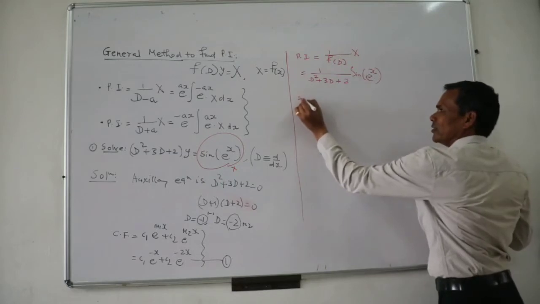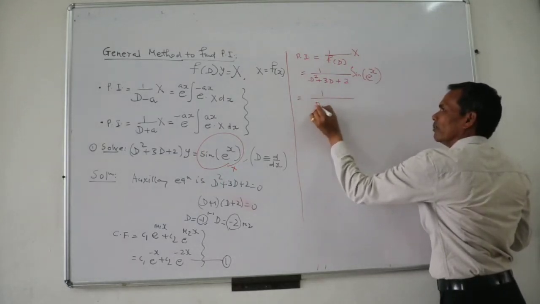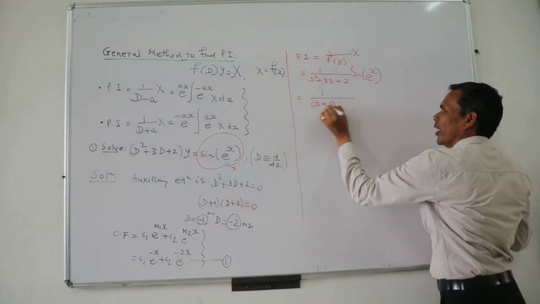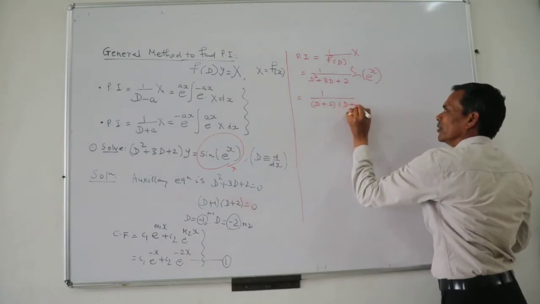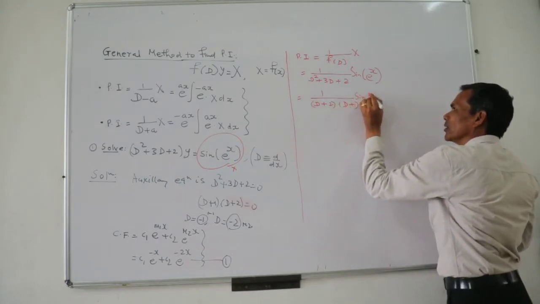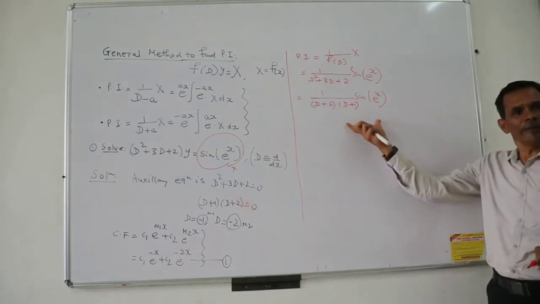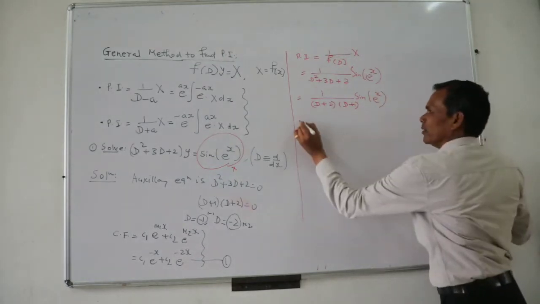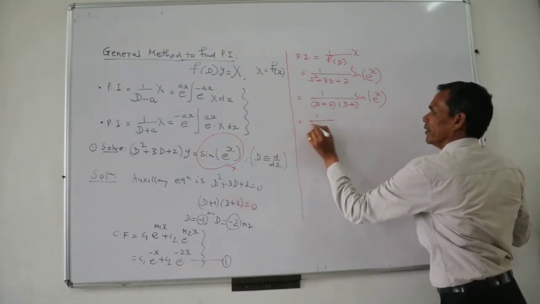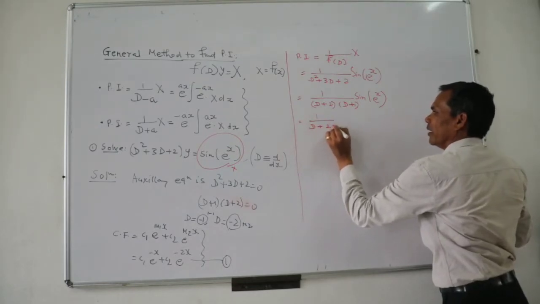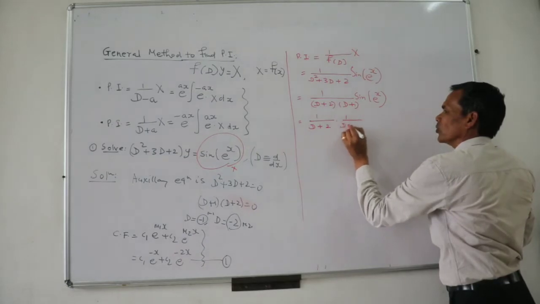I factorize this as 1 upon (D plus 2)(D plus 1), and this is to be operated on sine of e raised to x term by term. So what I do here is first operate 1 upon D plus 2 and 1 upon D plus 1.